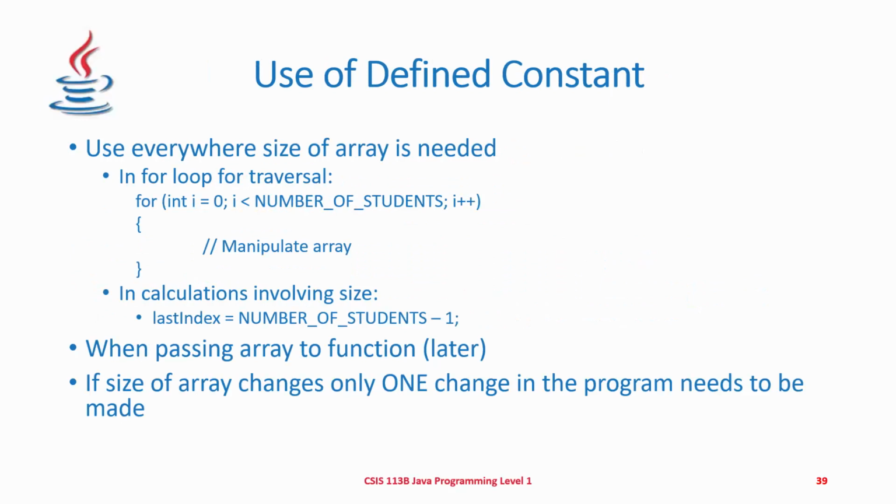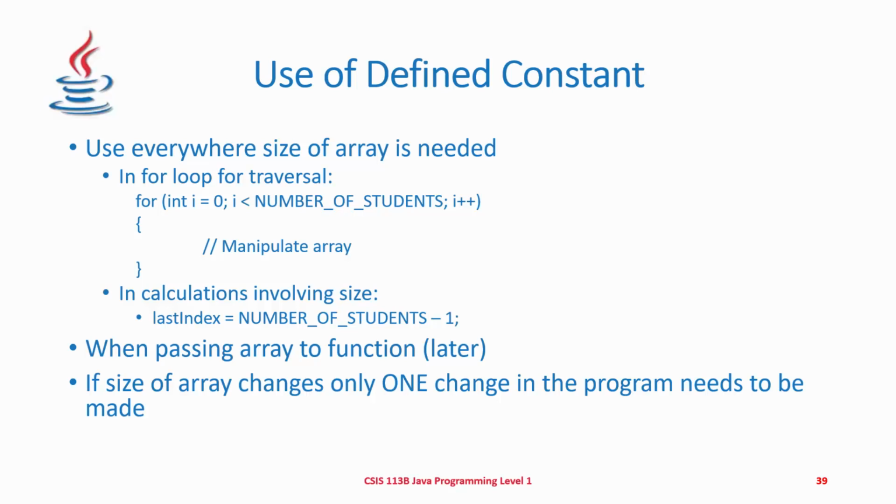So you can use defined constants anywhere that you have a size value that you want to have in your array. And the advantage you're going to see here is that we only need to change the value of the size in one place. So as long as you use this constant everywhere you use the array, then you won't have to go through your code someday and make changes to the size several different places in your code.